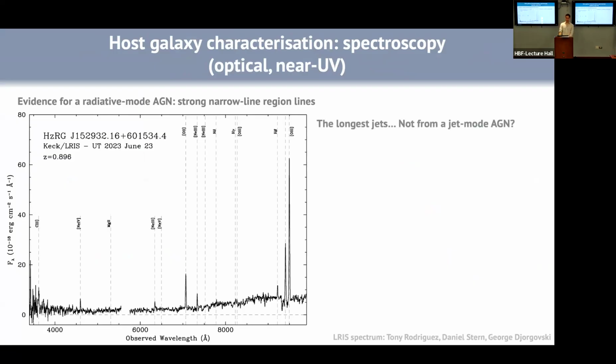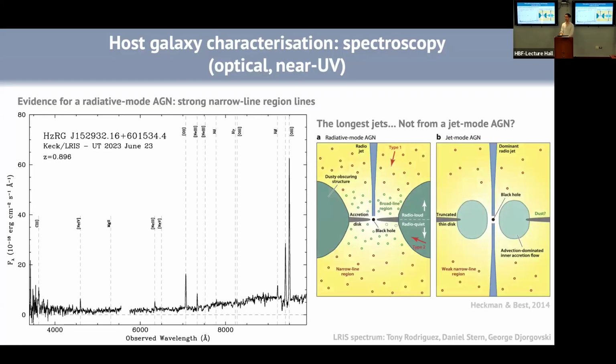That gave us this surprising conclusion that some of those very long jets that we now know of are actually produced by radiative mode AGN, which is the type of AGN that was more common in the early universe, when the universe was also smaller in size. So that raises the possibility that large jets might have affected the early universe as well, although they are hard to see because of inverse Compton losses to the CMB.